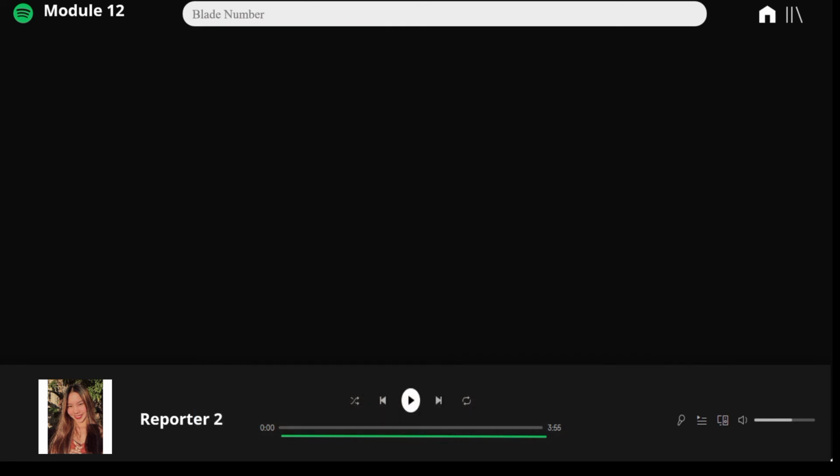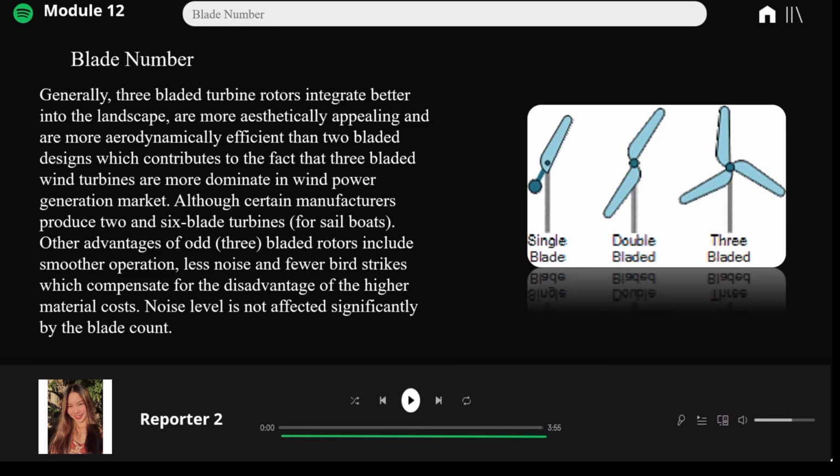So now let's proceed to blade number. Generally, three-bladed turbine rotors integrate better into the landscape, are more aesthetically appealing, and are more aerodynamically efficient than two-bladed designs, which contributes to the fact that three-bladed wind turbines are more dominant in the wind power generation market.